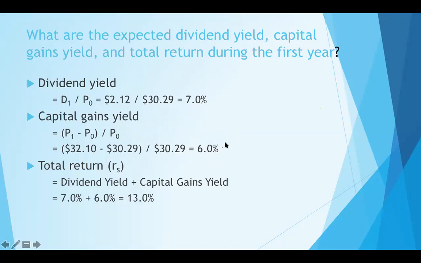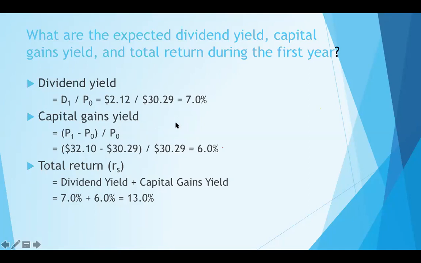We don't know what will happen next year, of course. The P1 is the expected price, not the actual. So we expect, and this total return is the expected total return for this stock, not the actual one. This is all expected.